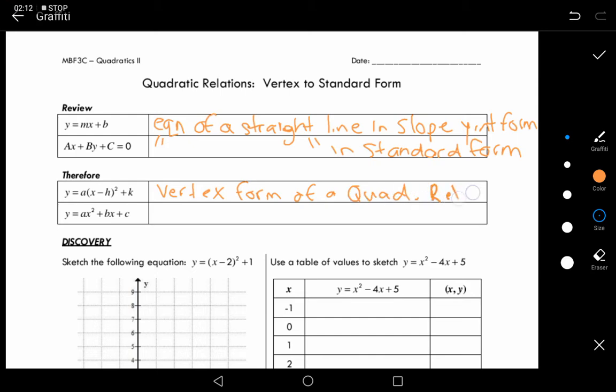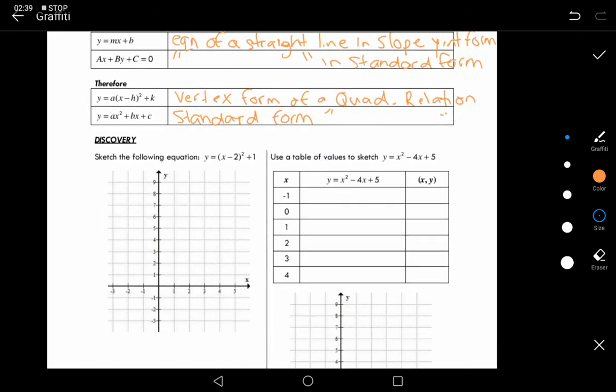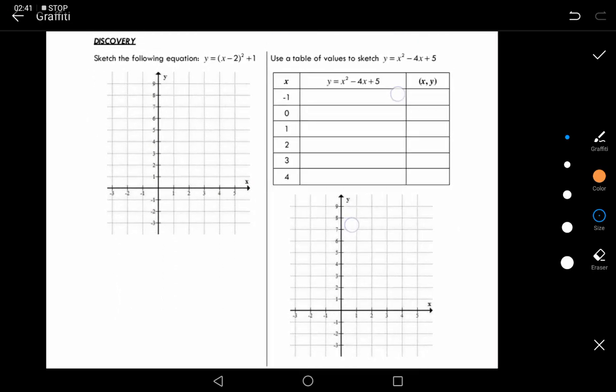Okay, this other formula, y equals ax squared plus bx plus c, is the standard form of the same quadratic relation. Standard form. And again, these quotations are just saying of a quadratic relation. Okay, so let's try to discover something here.